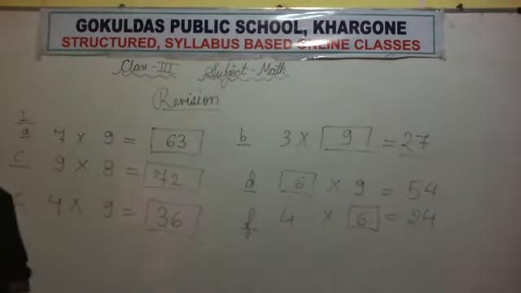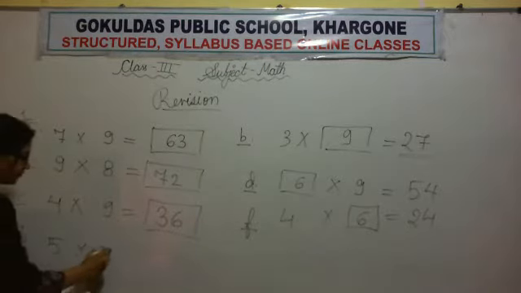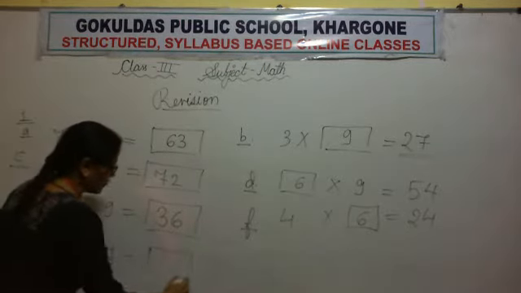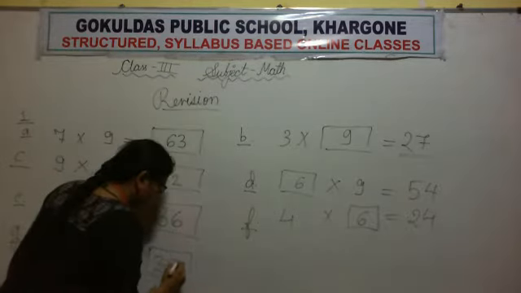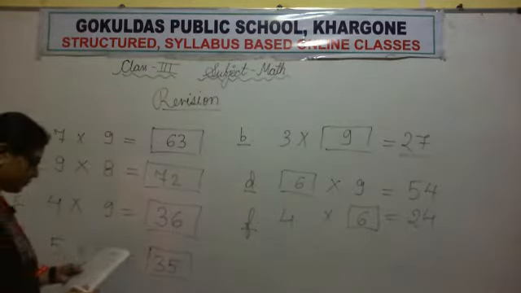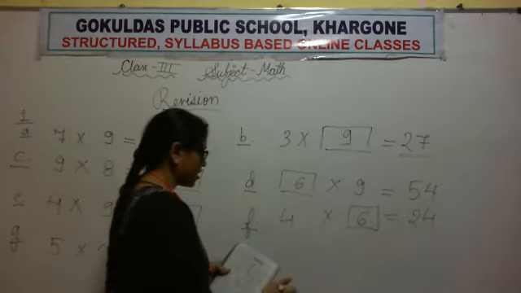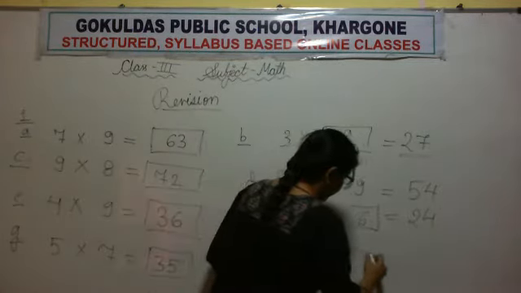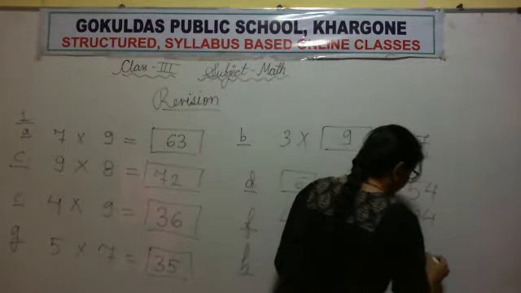The next one, question G of the same: 5 into 7 is equals to blank. So 5 sevens are or 7 fives are 35. So we will write 35 in the box. Next question, H: 6 into blank is equals to 48.